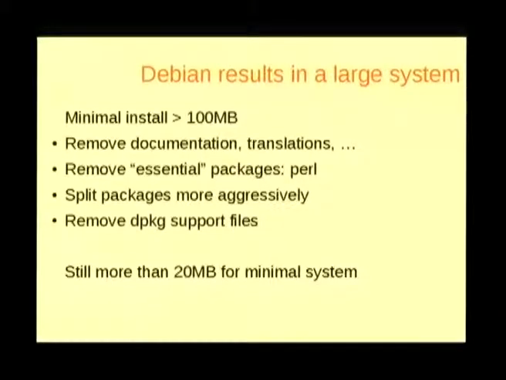With all this, you can get down to 20 megabytes, which is good. Could be smaller, but it's already nice. But note that this is not giving you anything extra yet. And I'm not sure if Emdebian, for instance, has already started looking at Xorg, which is quite large, which can really be easily made smaller.